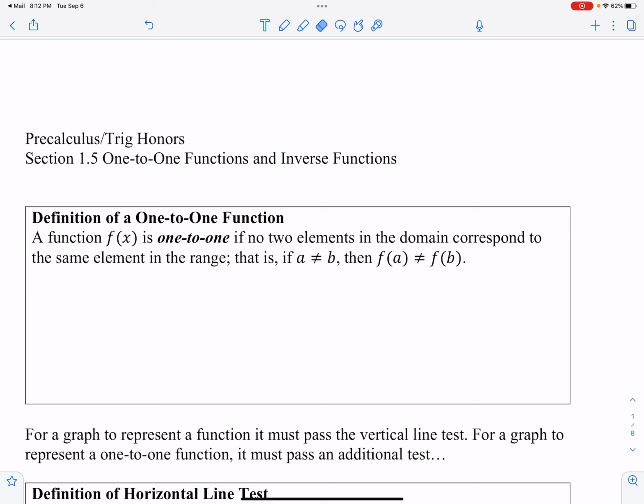And you guys remember we've talked in previous sections about the definition of a function, right? For something to be a function, every element in the domain must correspond to exactly one element in the range.